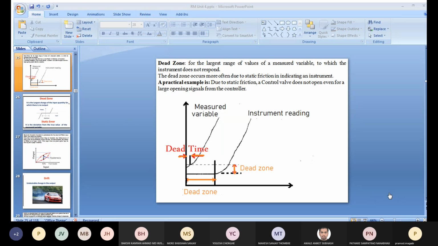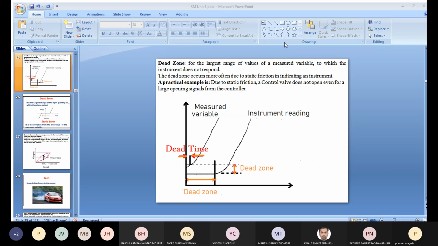Okay, Yogesh is there. Yogesh, are you getting it? Okay, okay. Yogesh, your voice is not clear. No, no, no. Your voice is not audible.